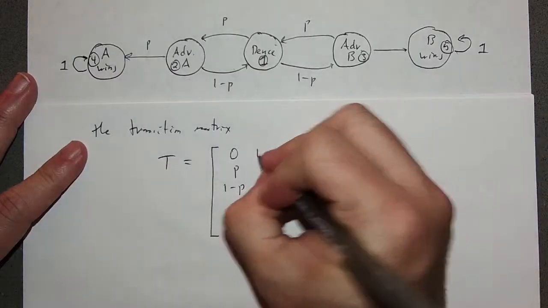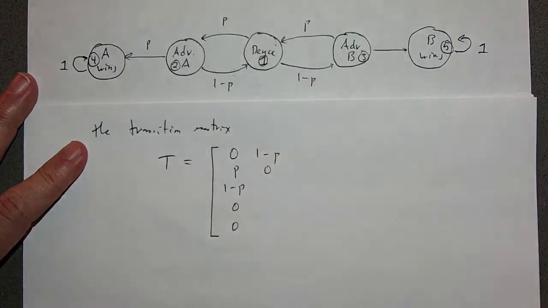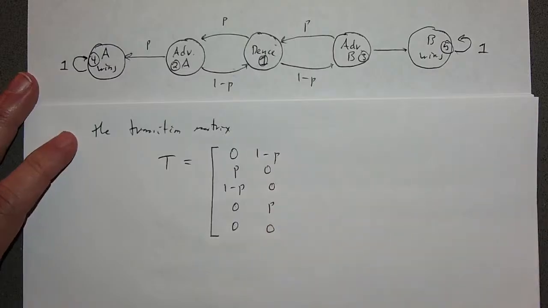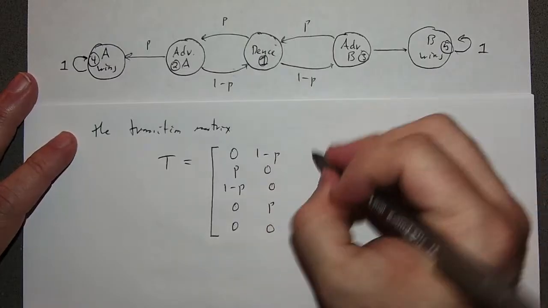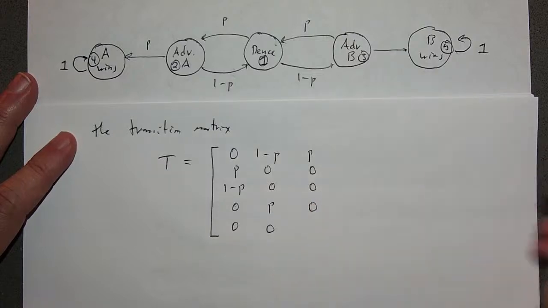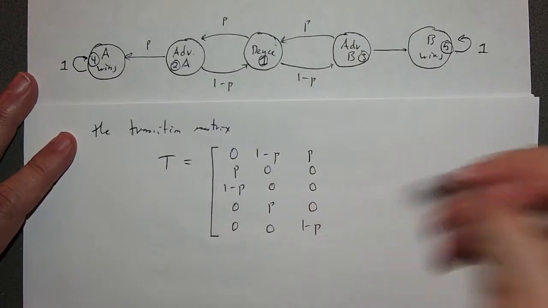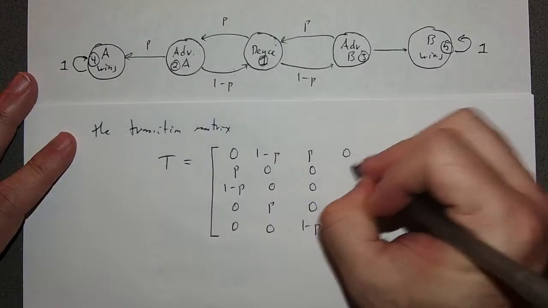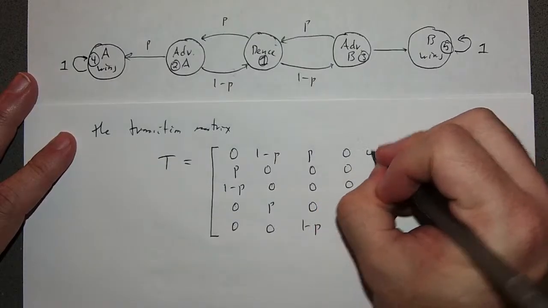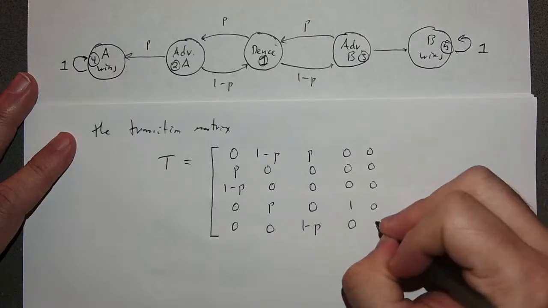Next column, 1 minus P, 0, 0, P, 0. Next column, P, 0, 0, 0, 1 minus P. Next column, 0, 0, 0, 1, 0, and 0, 0, 0, 0, 1.